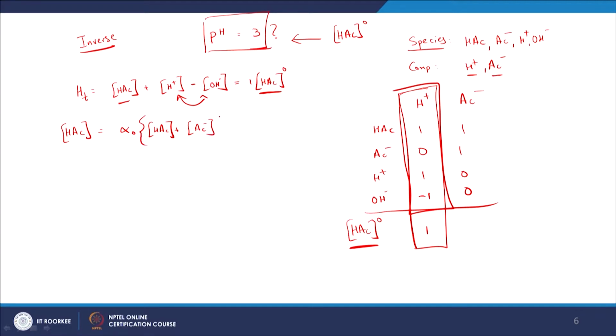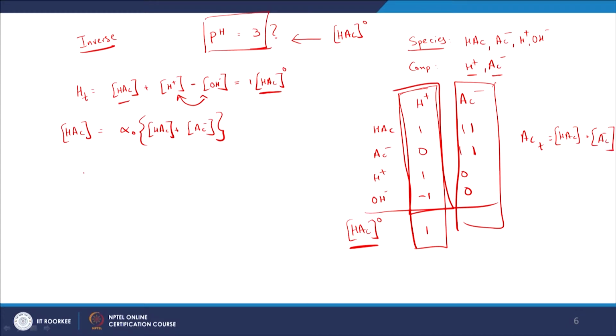And if you look at the balance with respect to acetate, acetate total is equal to HAC plus AC minus. So, I am going to plug this in here. The concentration of HAC at equilibrium is going to be equal to alpha naught times AC total.